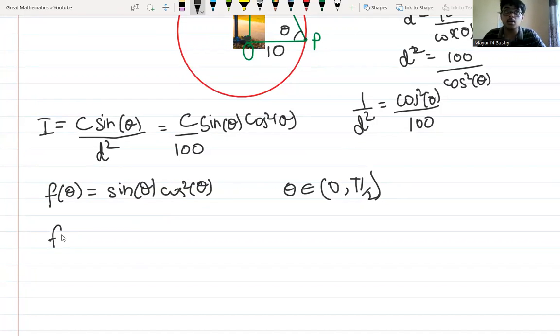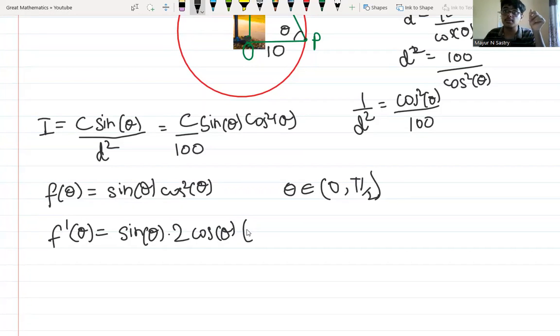So f prime of theta, what we denote for the derivative of f of theta, that's going to be, using the product rule, sine of theta times the derivative of cosine square theta, which by the chain rule, remember, is 2 cosine of theta times the derivative of cosine of theta, which is minus sine of theta, plus second function cosine square theta times the derivative of sine of theta, which is cosine of theta.